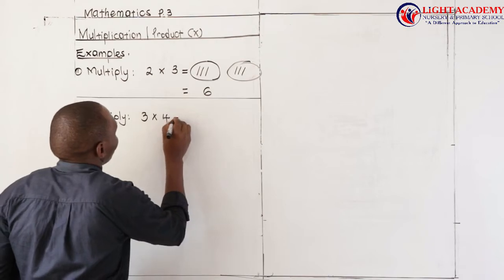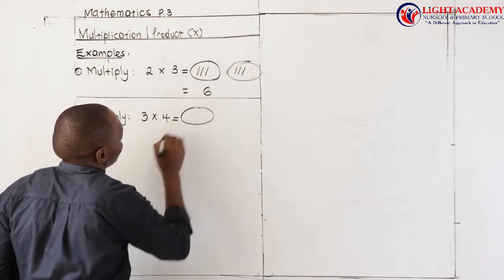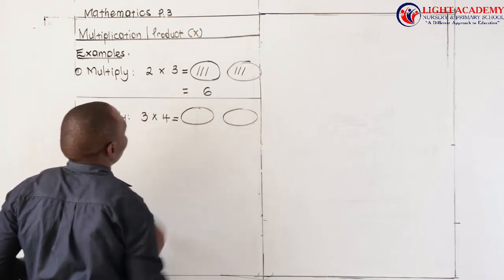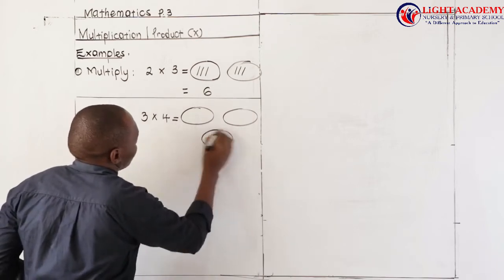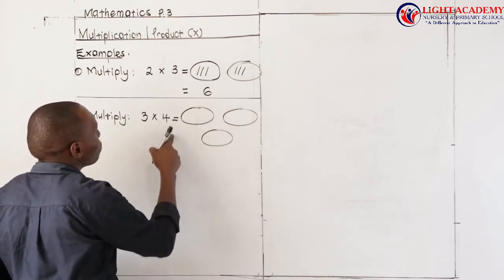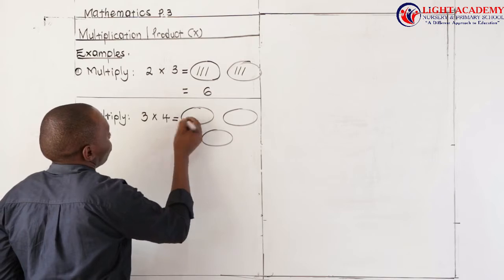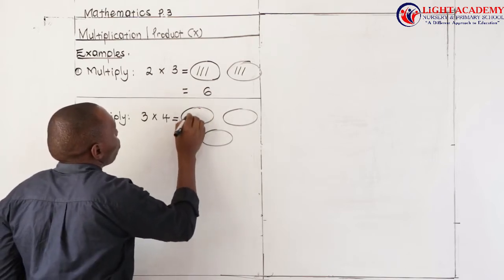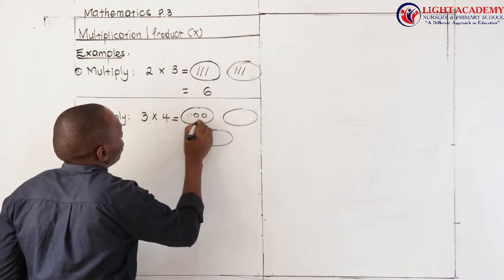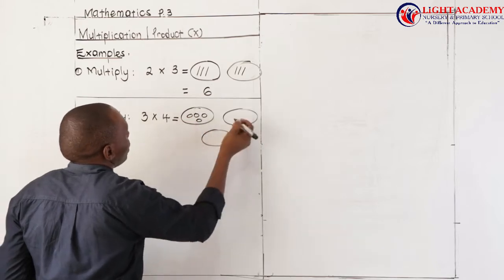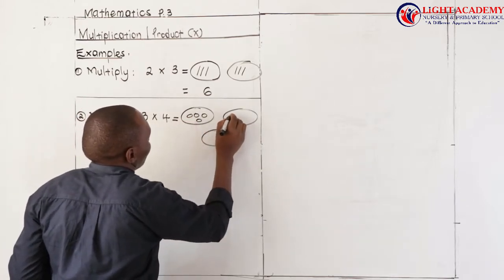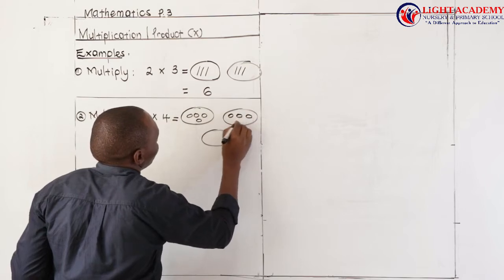So this is equivalent to, let me use these ones for the groups. I'm going to draw 3 groups, just like this. In each one I put 4 items. Let me use the sticks, or the small balls. 1, 2, 3, 4. Then in the second one there are 4: 1, 2, 3, 4.